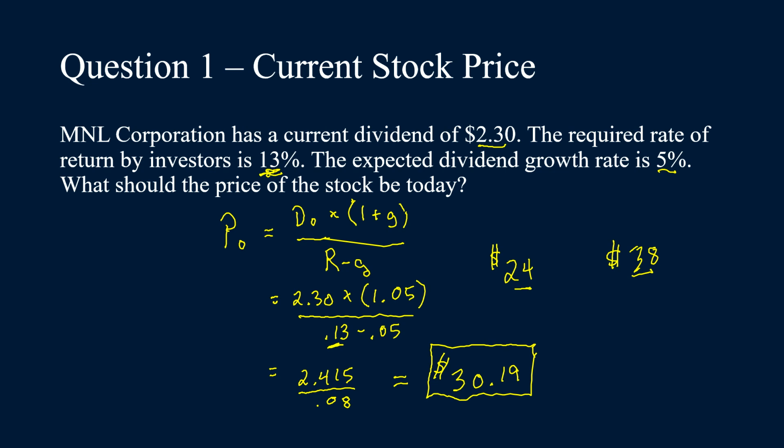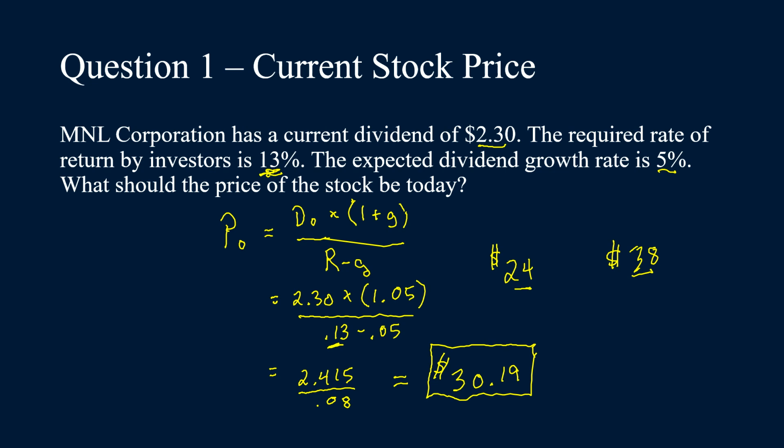So you would not likely buy this stock based on this calculation. Now, keep in mind, as I said earlier, the dividend growth model is only one estimate of many. So you would look at a whole variety of different estimates and different criteria when deciding to invest in a stock. But this at least gives you a starting point.